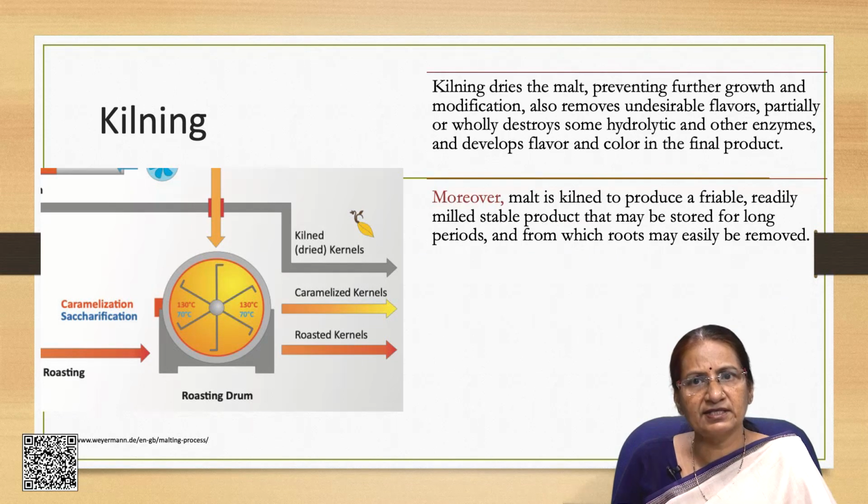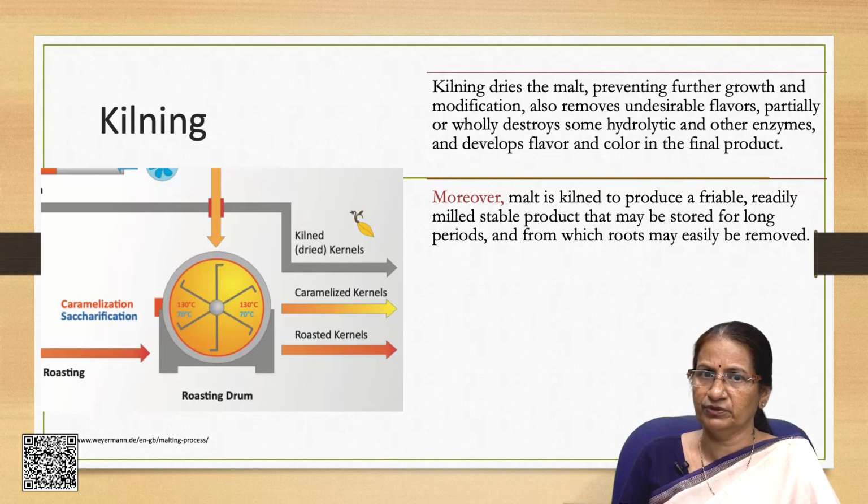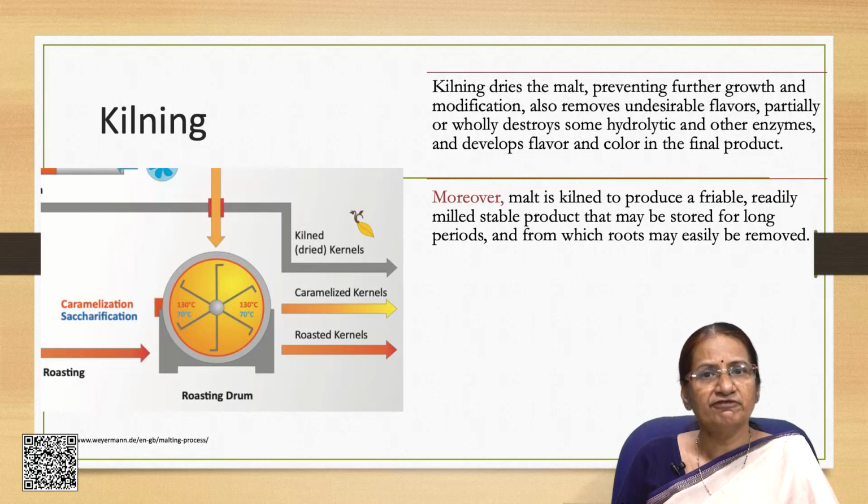Kilning not only dries the malt, preventing further growth and modification, but also removes undesirable flavors, partially or wholly destroys some hydrolytic and other enzymes, and develops flavor and color in the final product. Moreover, malt is kilned to produce a friable, readily milled, stable product that may be stored for long periods and from which roots may easily be removed.